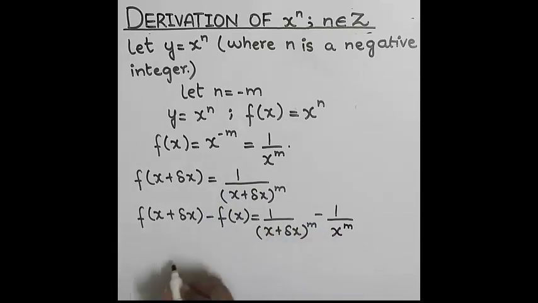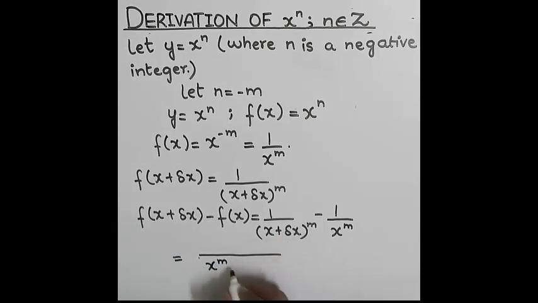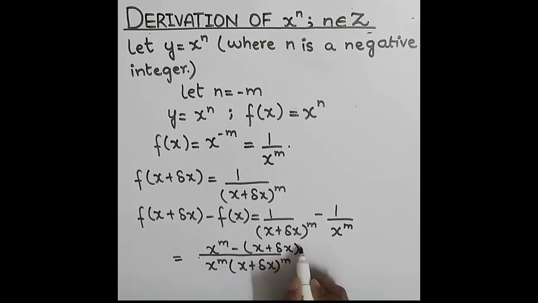Now taking the LCM of these terms, we have x raised to power m and x plus delta x whole power m. By the simple method of taking the LCM, we will get x^m minus (x plus delta x) whole power m.